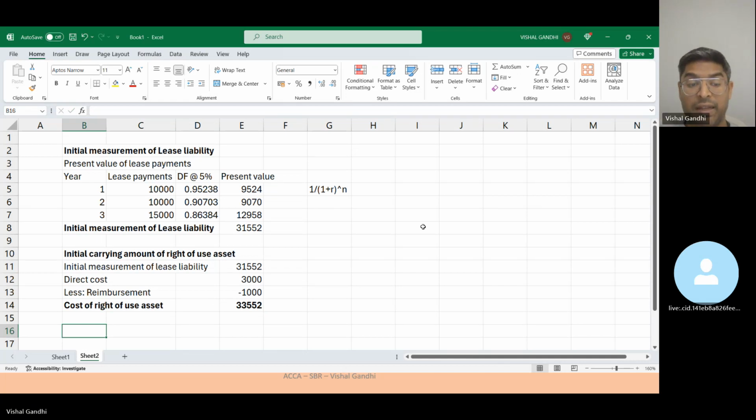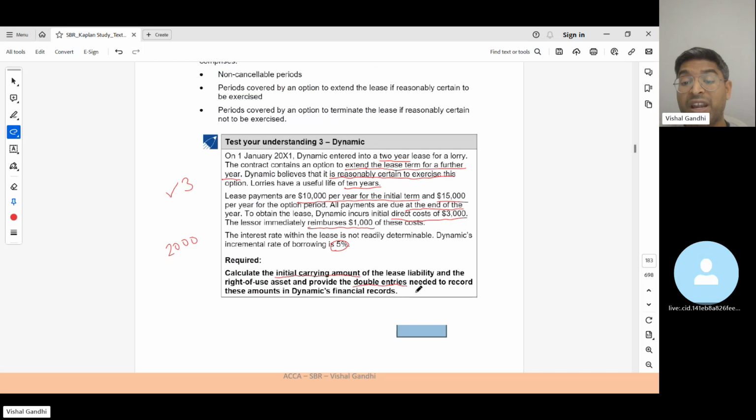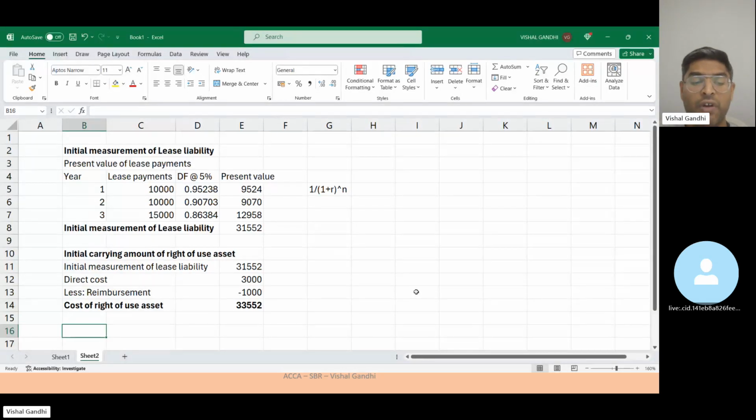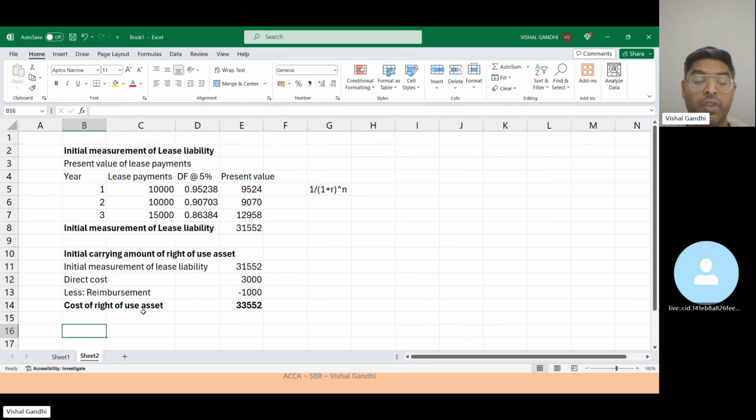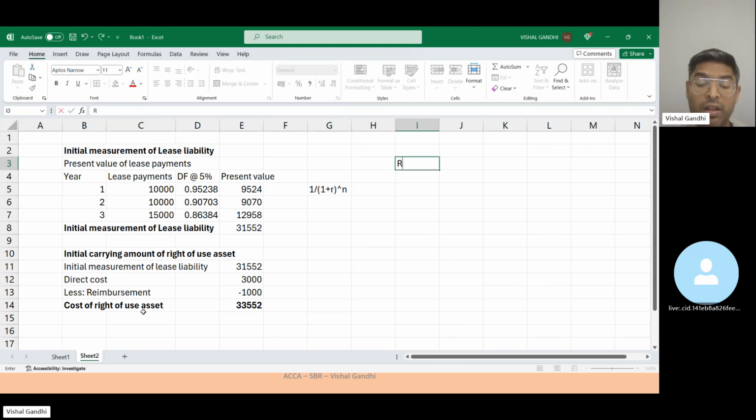Now they have asked us to provide the double entries needed to record the transaction. We have already looked at the double entries, right? For initial measurement, the first entry is always right of use asset debit to lease liability. And for initial direct cost, we need right of use asset and cash. So the first journal entry will be to record the lease liability: right of use asset debit and lease liability credit.